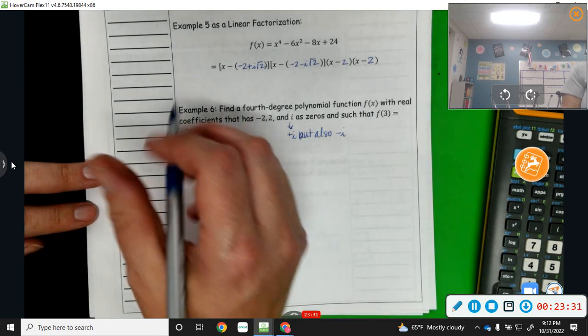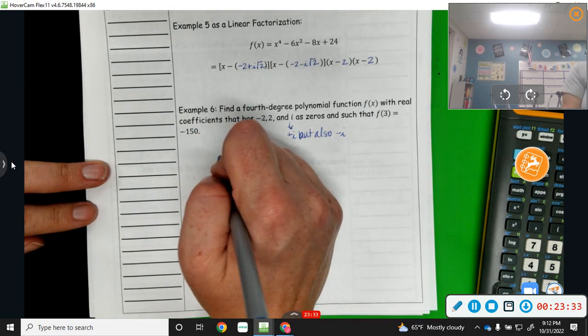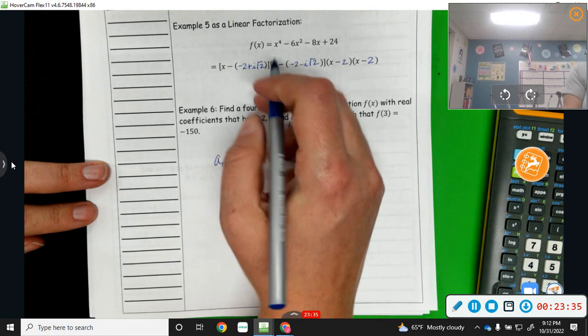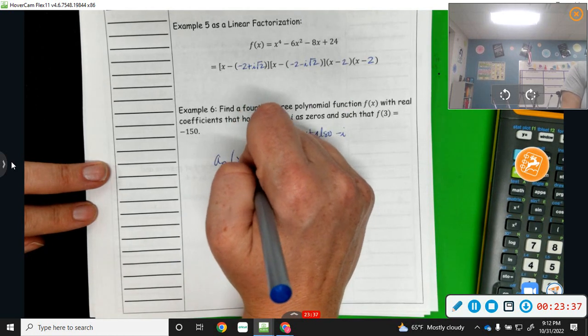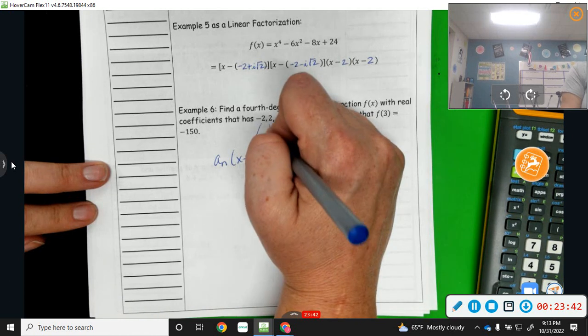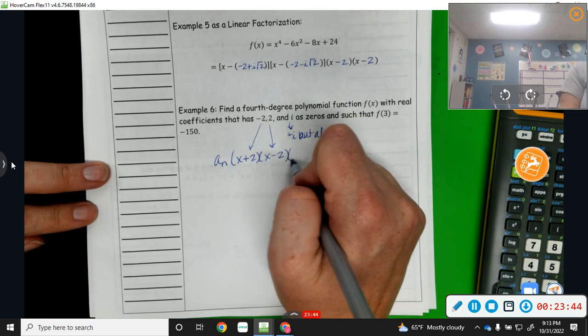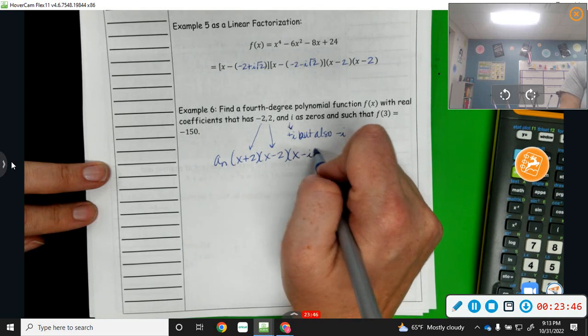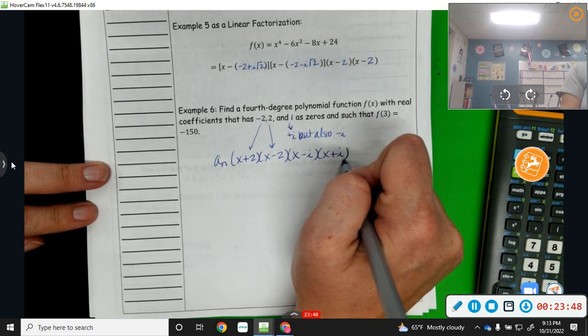So if I were to write this as some linear factorization, it would be a sub n times x plus 2, which would be this one, x minus 2, which would be this one, and then we have these two, which is x minus i, and then x plus i.